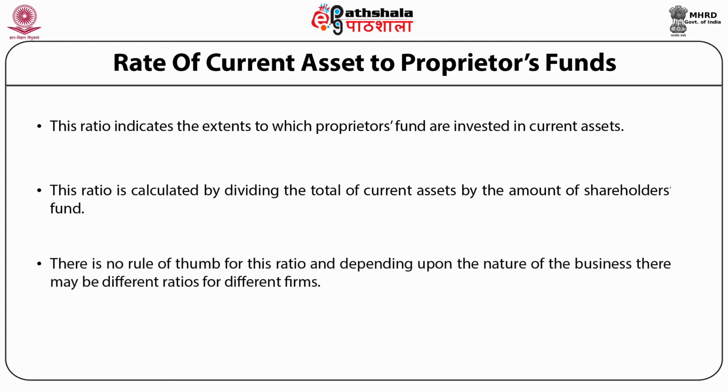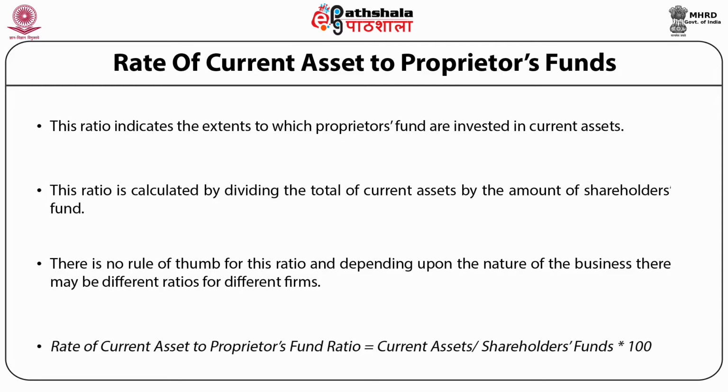There is no rule of thumb for this ratio, and depending upon the nature of the business, there may be different ratios for different firms. Rate of current assets to proprietors' fund ratio is calculated by dividing current assets by the shareholders' fund multiplied by 100.